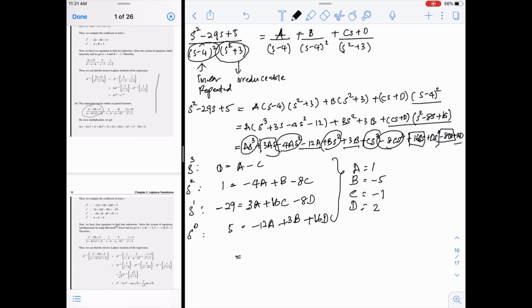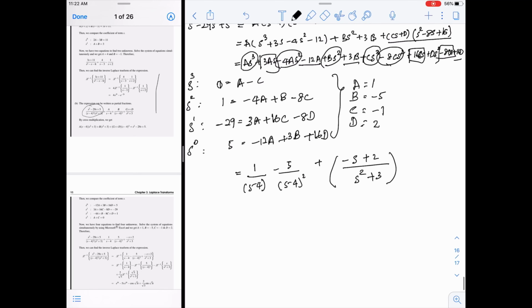For example, a is equal to 1 over s minus 4, b is negative 5 over s minus 4 squared, and then c is negative 1, so we have a negative s here, and then we have 2 over here, over s squared plus 3. So this is your challenge: how to find the inverse Laplace.